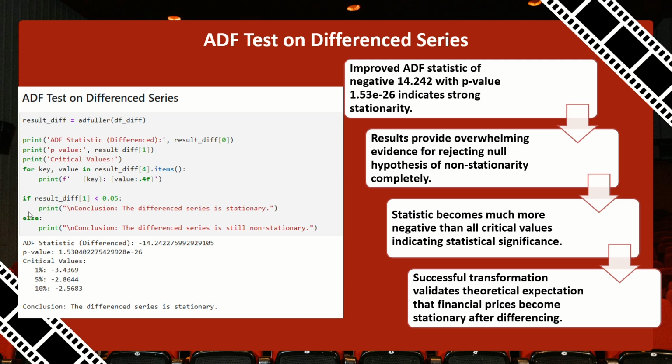These results provide overwhelming statistical evidence for rejecting the null hypothesis of non-stationarity completely. The statistic becomes more negative than all critical values, indicating highly significant statistical results. This successful transformation validates my theoretical expectation that financial stock prices become stationary after the first differencing transformation procedure.